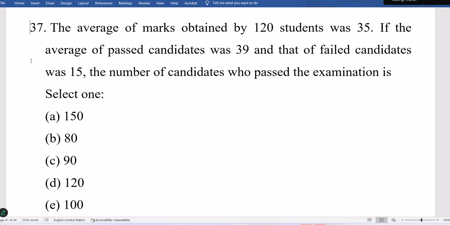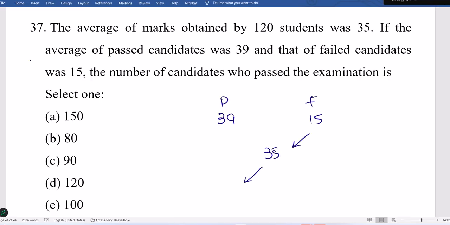If the average of passing candidates was 39 and failed was 15, find the number of students who passed. See, this can be done using the mixtures and alligation concept, right? 39 is pass, 15 is failed, 35 is the mixing one.